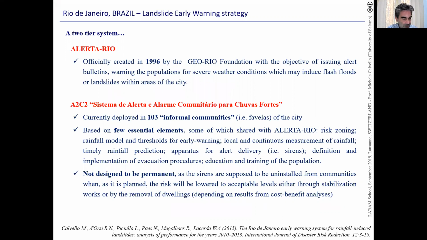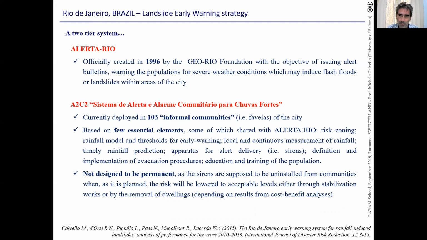I can say that we have a sort of two-tier system, but indeed it's two different systems, both working over a wide area. Why? Because the Alerta Rio system, officially created in 1996 by the Rio Foundation, is working over the whole city, so covering the boundaries of the city.